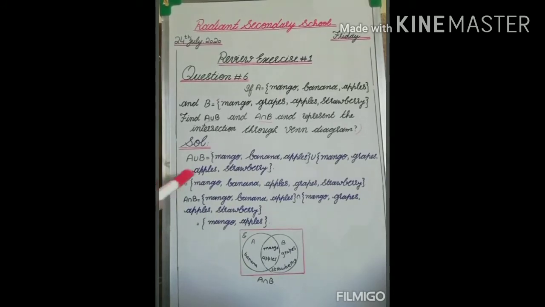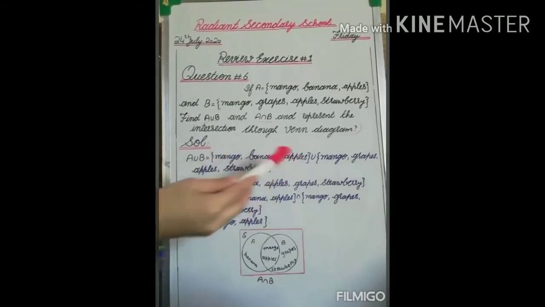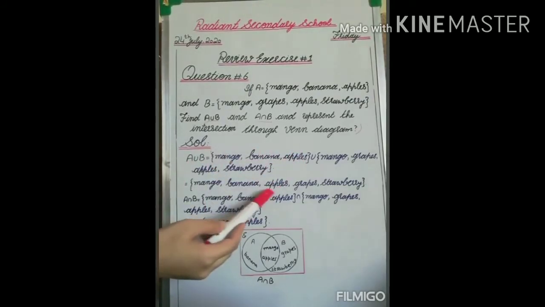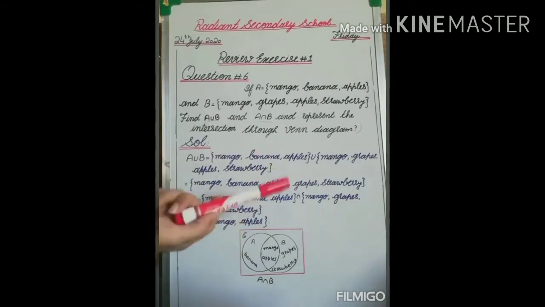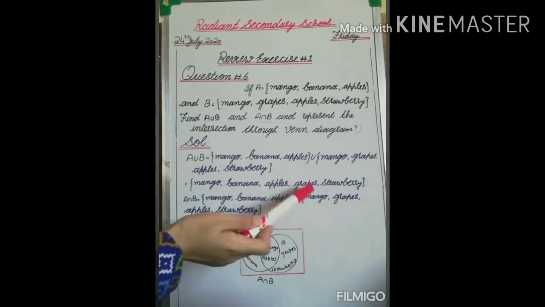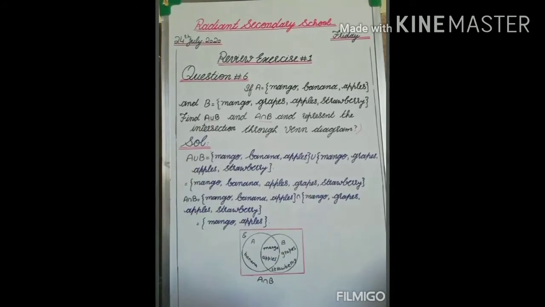That's why you will write the common element just one time. Banana and apples are also present in both sets, but you will write them just one time. Now write the remaining elements of set B, grapes and strawberries. So union means all elements of sets A and B are combined together in a new set without repeating any common elements. Now move on to the next part, A intersection B.